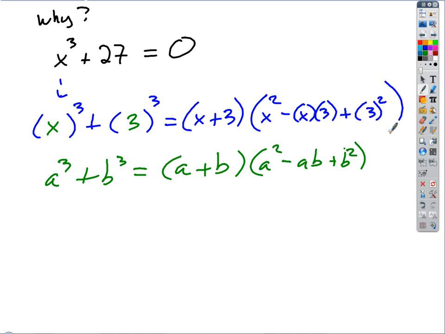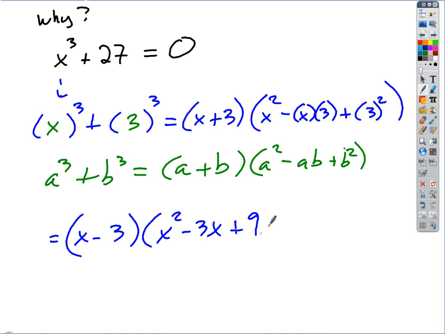What does that all equal, though? Well, that's just going to be X plus 3 times X squared minus 3X plus 9 equals 0, right? So we've got it factored.